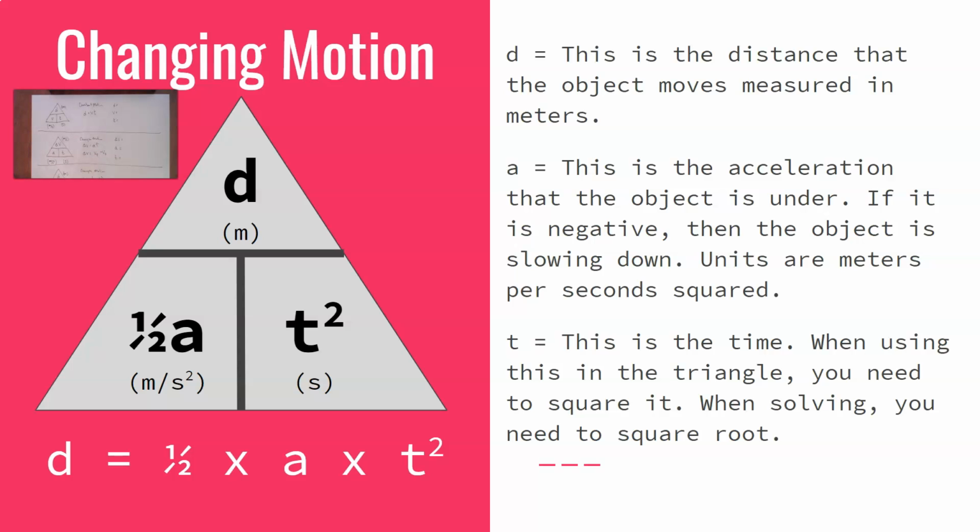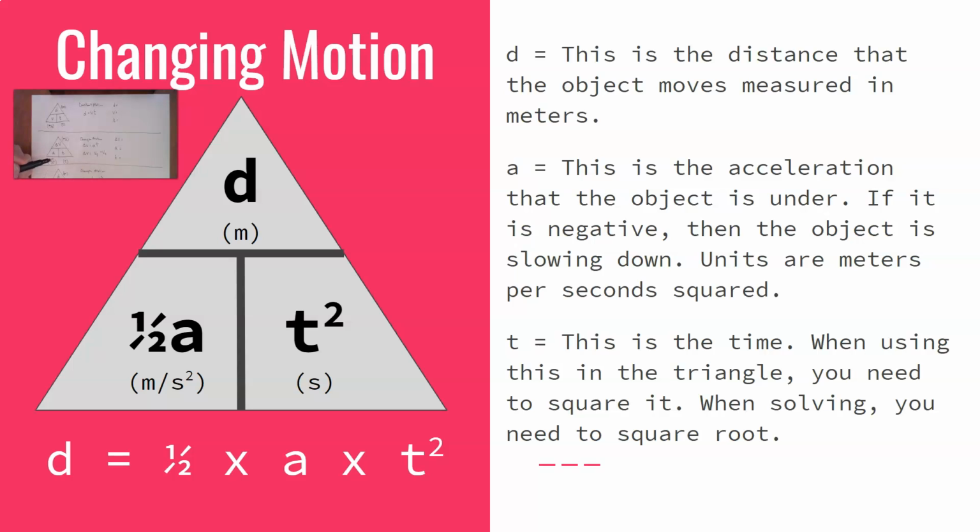When we want to solve for A, we're going to take the D and divide it by T, but this is one where we're going to have to remember to times by 2. So I'm going to show this one again. So if we do 2D divided by T squared, that's equal to A.